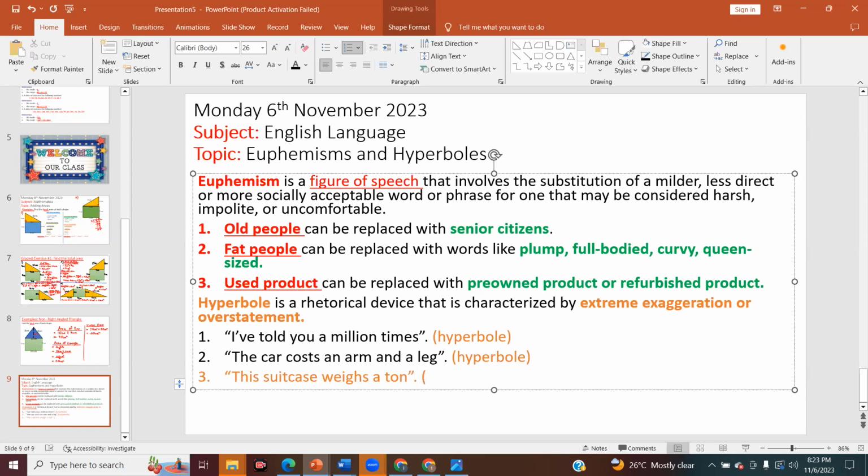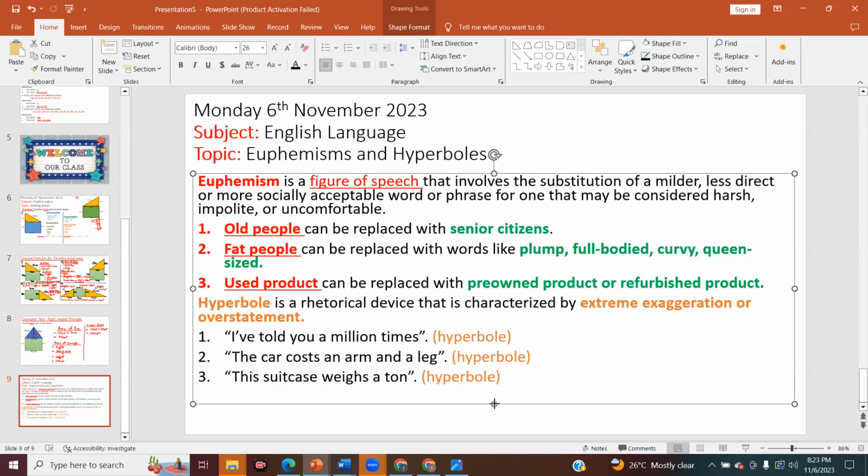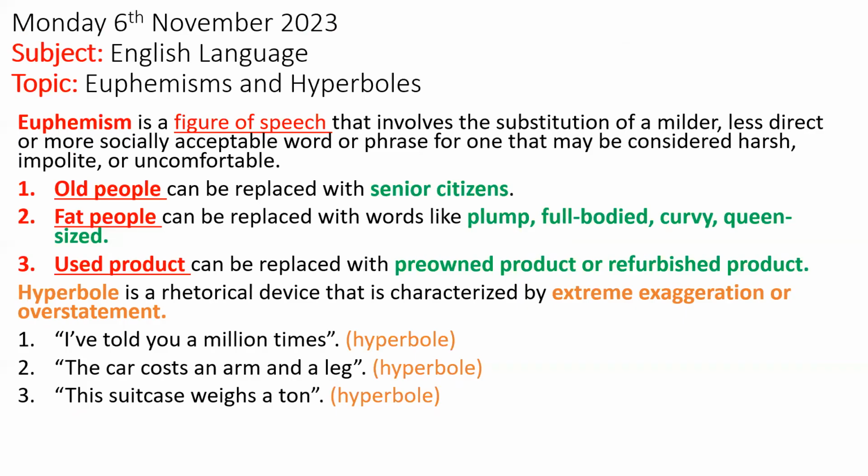All right, now I want you to try. Inside the chat, give me an example first of a hyperbole. Remember, hyperbole is basically when you give an over exaggeration of something.